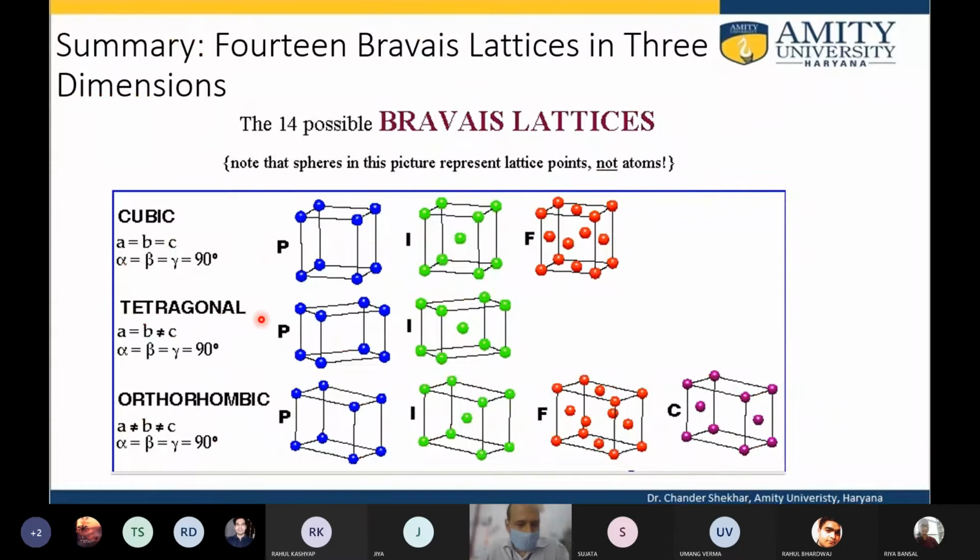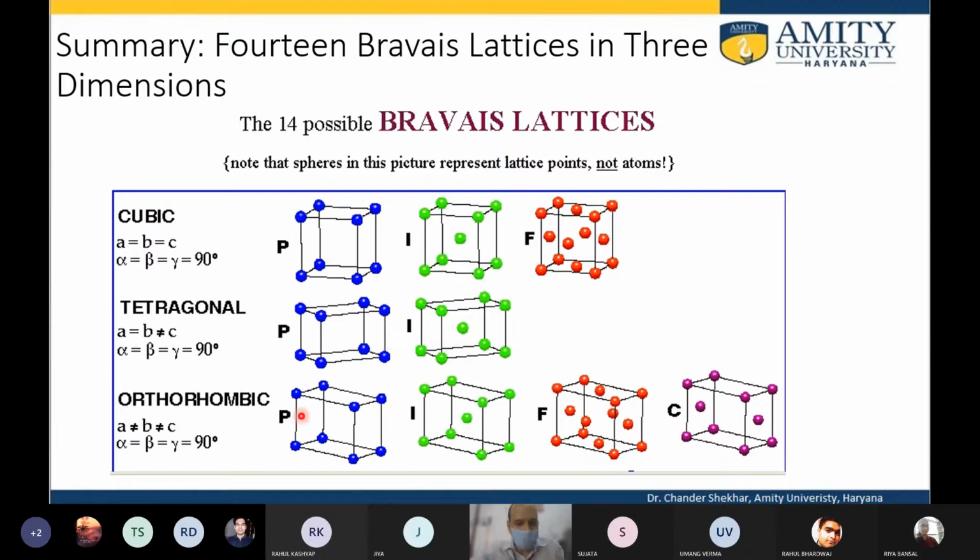And then with the tetragonal, because one of the sides is now stretched, the face center atoms are not equivalent. So this geometry is not a Bravais lattice. So only simple and body centered are there in tetragonal.